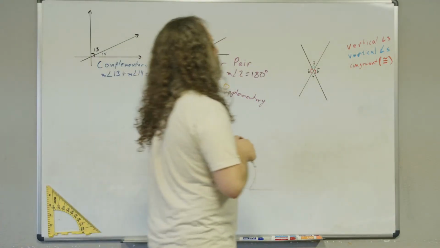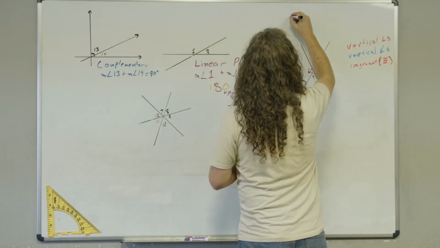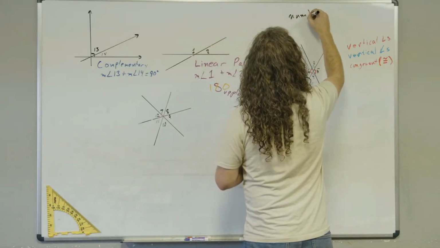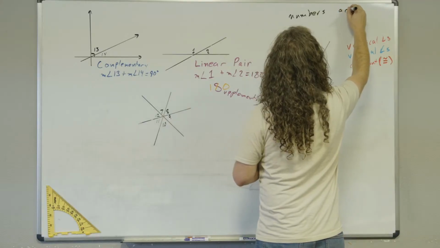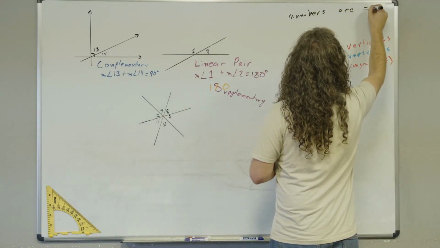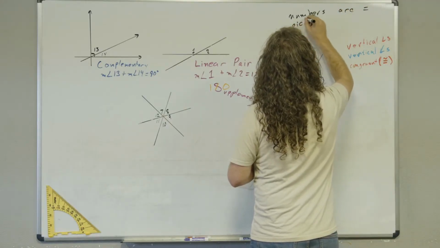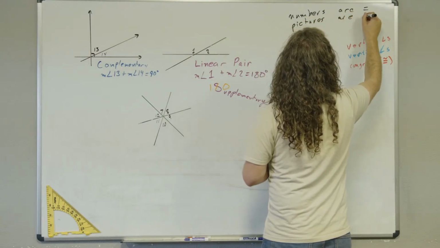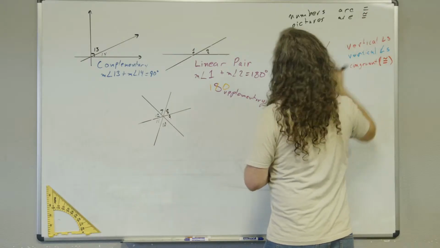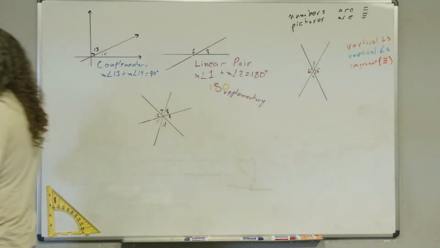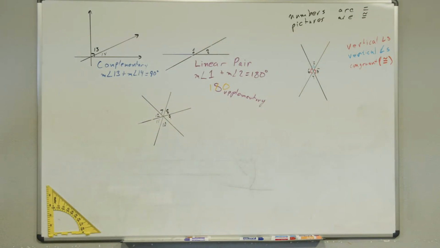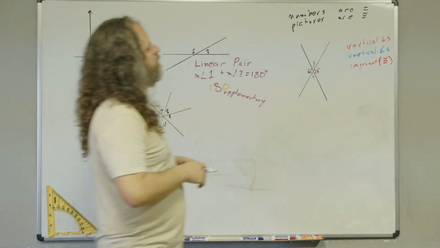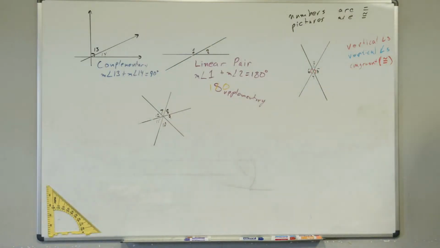Pictures are congruent. Same size and shape. All of those things. Pictures are congruent.